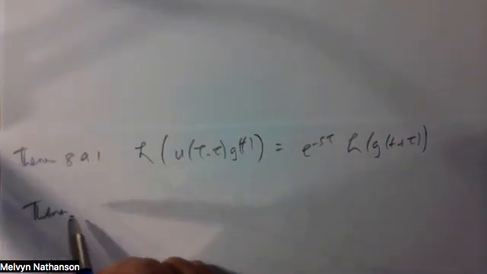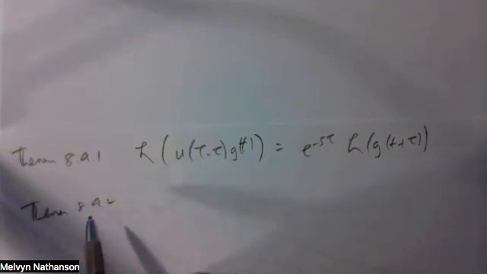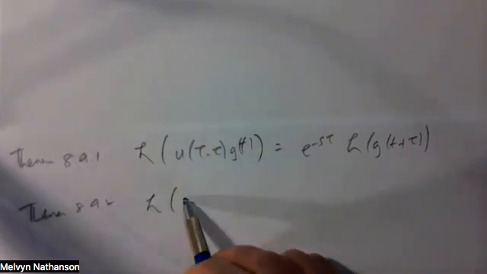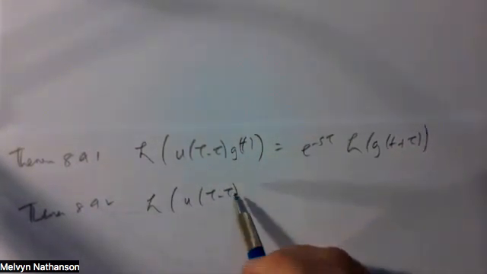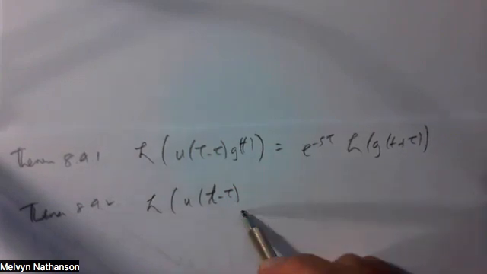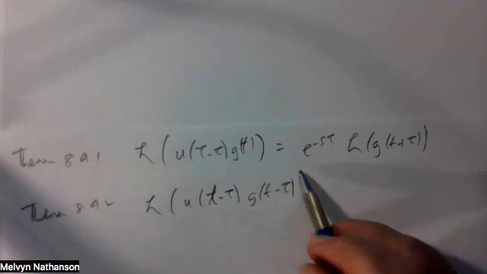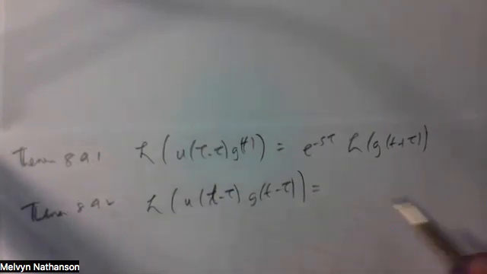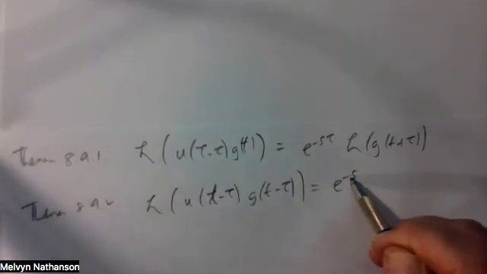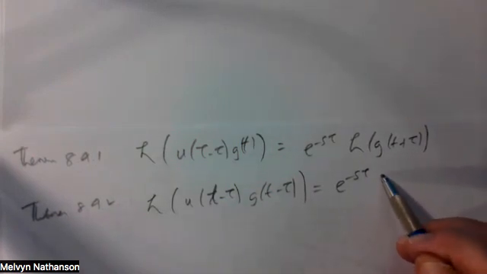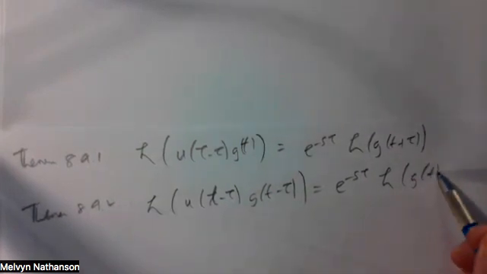And a slight variation of that is theorem 8.4.2, which says the following: the Laplace transform of U of t minus tau, G of t minus tau, is equal to e to the minus s tau, Laplace transform of G of t.